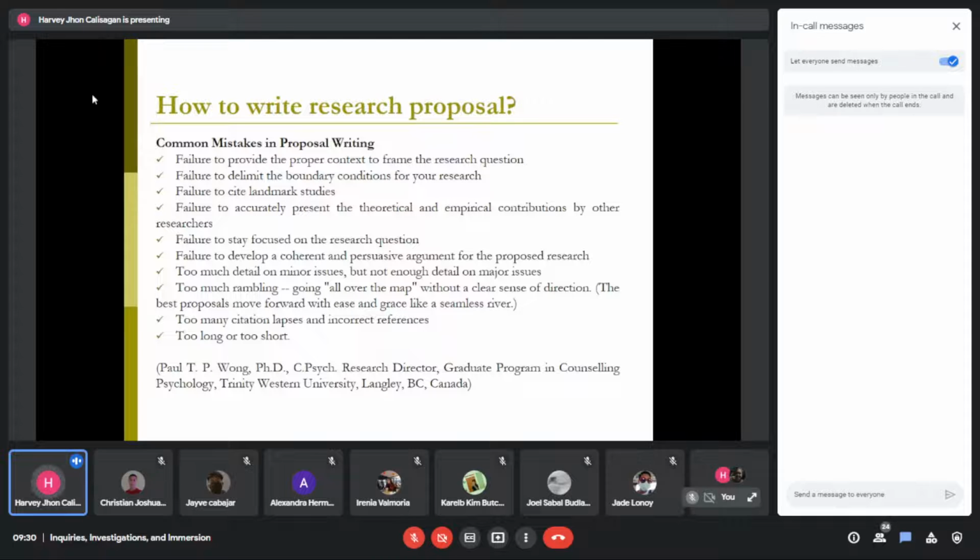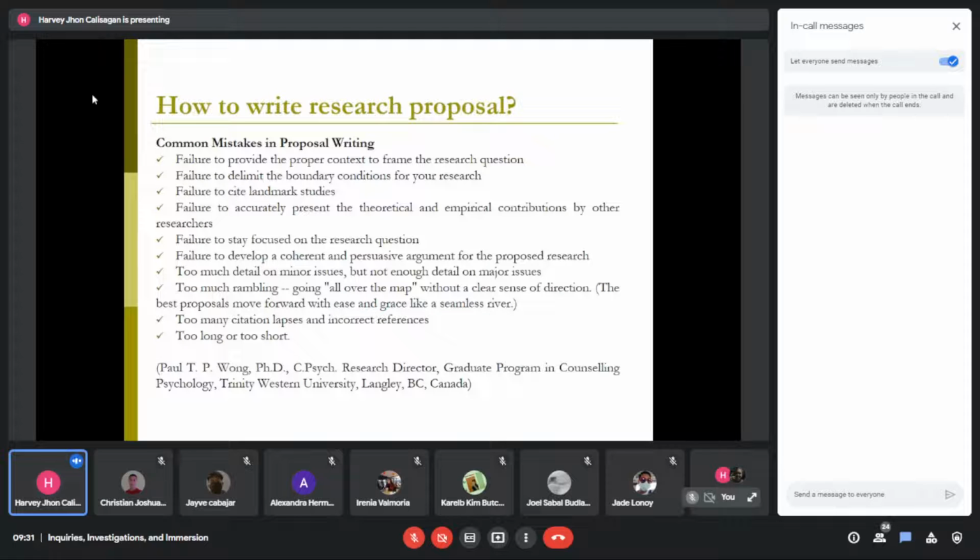And then failure to cite landmark studies. The landmark studies that I'm talking about here are those citations, those references and resources. Failure to include those landmark studies will complicate things because you'll be judged as plagiarizing other people's work.